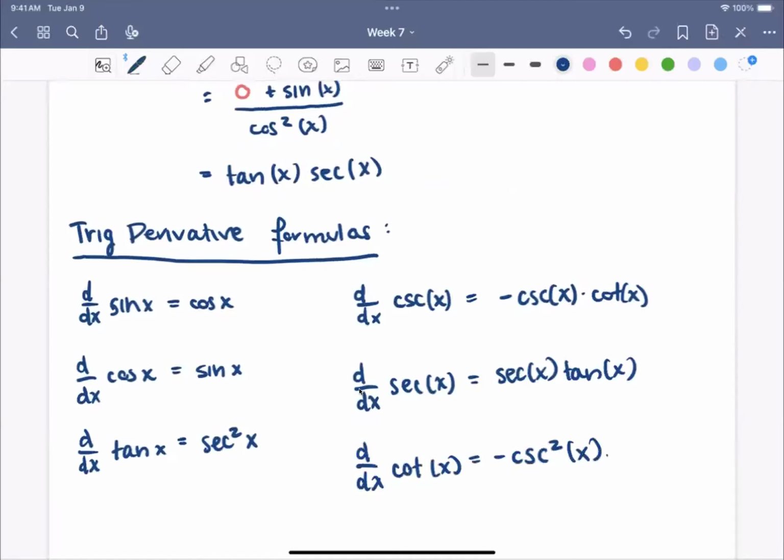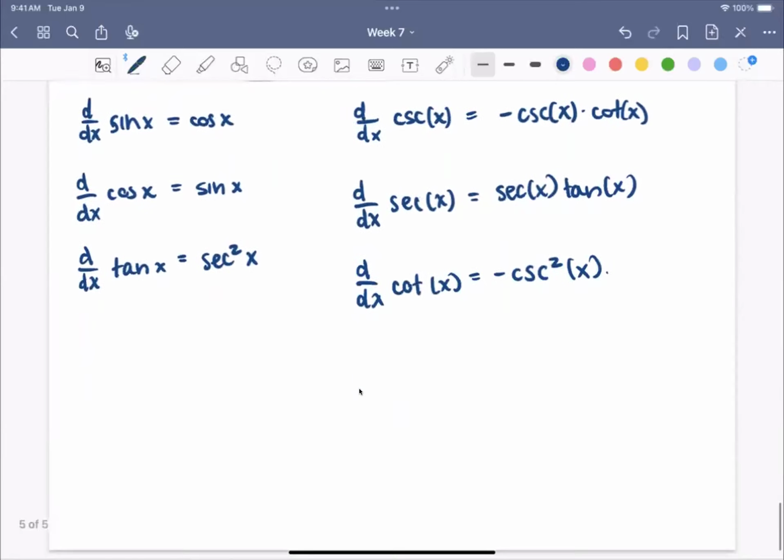Okay, so let's finish up with one last example. We're going to find the 27th derivative of cosine x. So here's how this looks. I'll write it: d by dx to the 27 of cosine x.